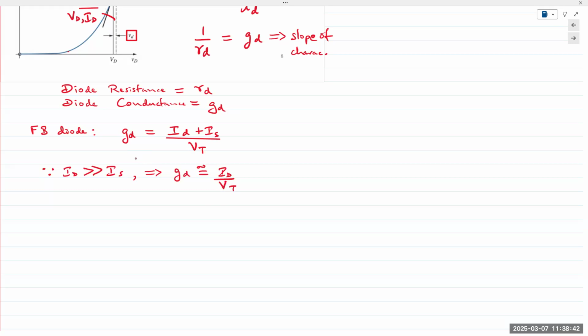This is valid for small signal analysis, but small signal in this case would require it to be less than 50 millivolts. So to be considered small signal, VD should be at least less than 2 times the thermal voltage, which is approximately 50 millivolts.